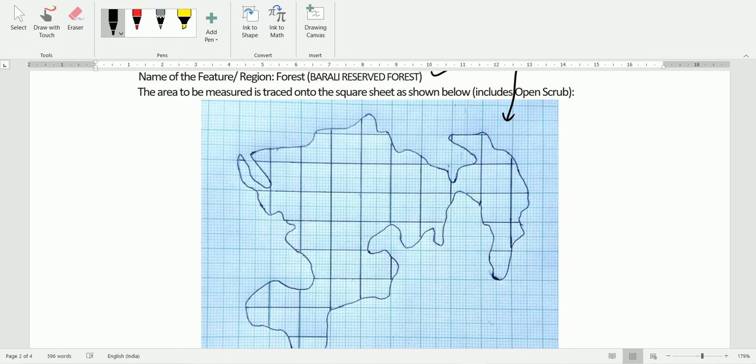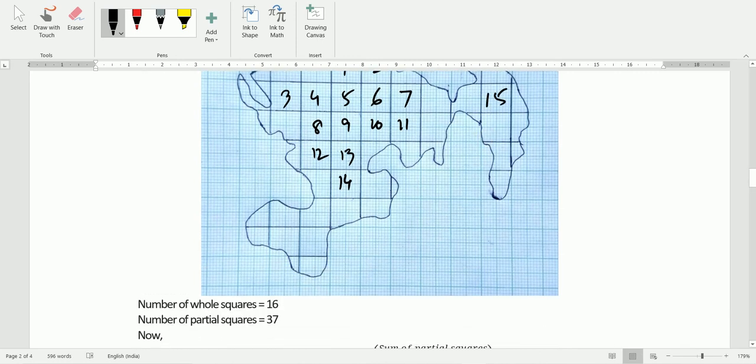After this, we have to count the number of whole squares and parcel squares. So we may count 1, 2, 3, 4, 5, 6, 7, 8, 9, 10, 11, 12, 13, 14, 15, and including this, let us say 16.